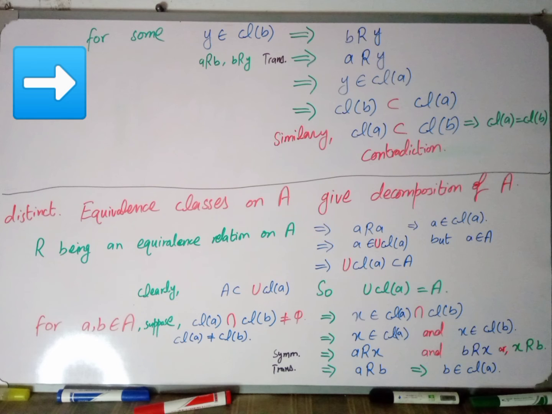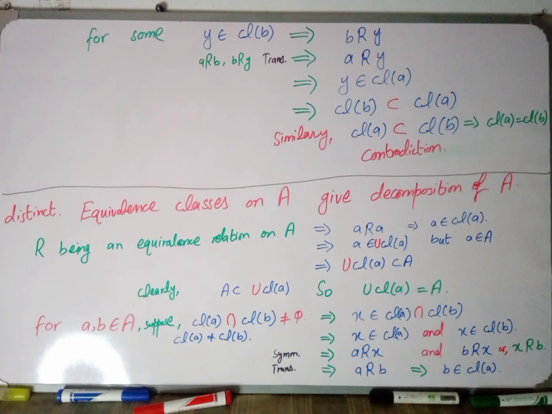Similarly, we can get equivalence class of a is contained in the equivalence class of b, which implies that both classes are not distinct, which is a contradiction to our supposition. So we can say that distinct equivalence classes of a set are disjoint. So, this proves that distinct equivalence classes of a set give us a decomposition of that set.